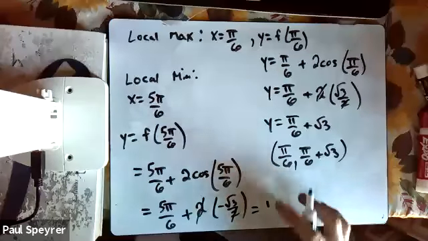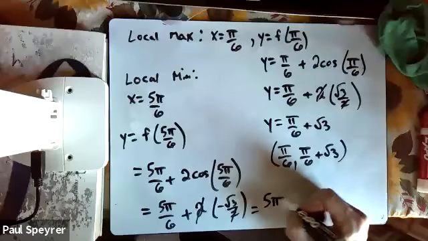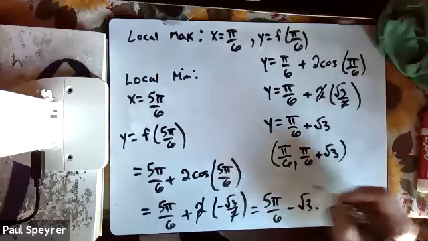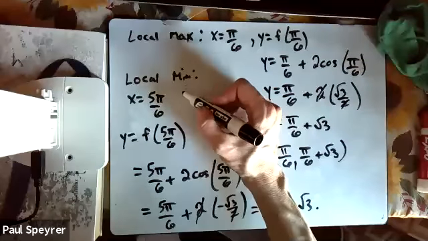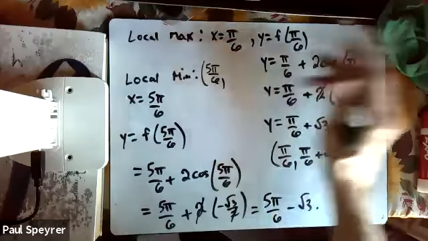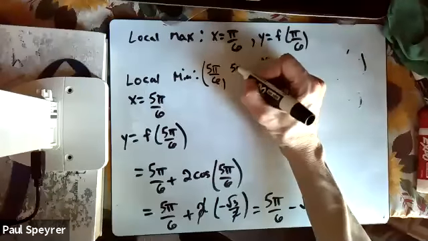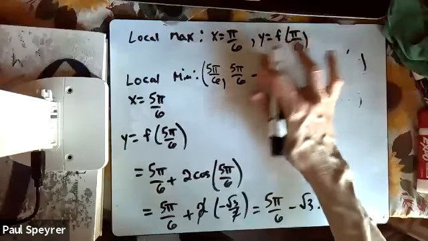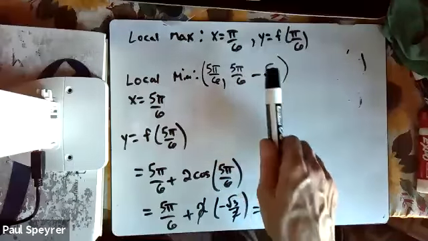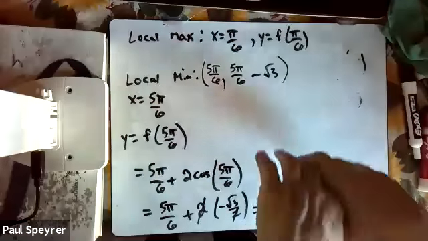So you get 5 pi over 6 minus square root of 3. So your answer as a local min is 5 pi over 6 comma 5 pi over 6 minus square root of 3. Again, leave it in exact form. No decimals unless it asks you for them.